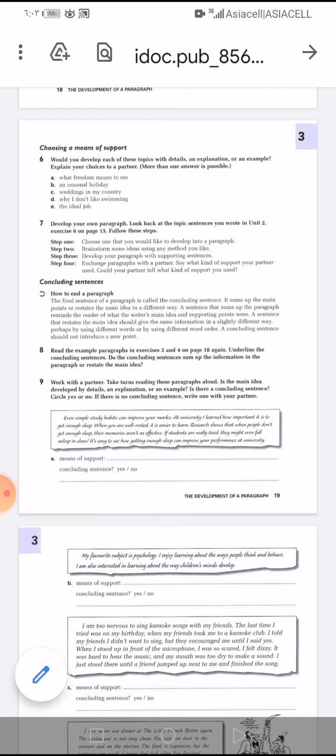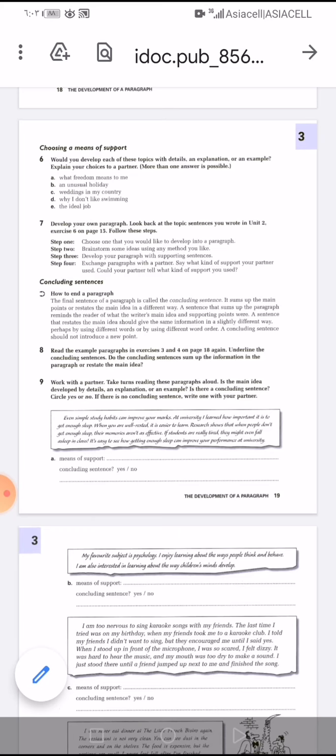If you look at page 19, number 6 has A, B, C, D, E. These are topics. You have to develop and choose a means of support by providing more details and explanations as well as representative examples.